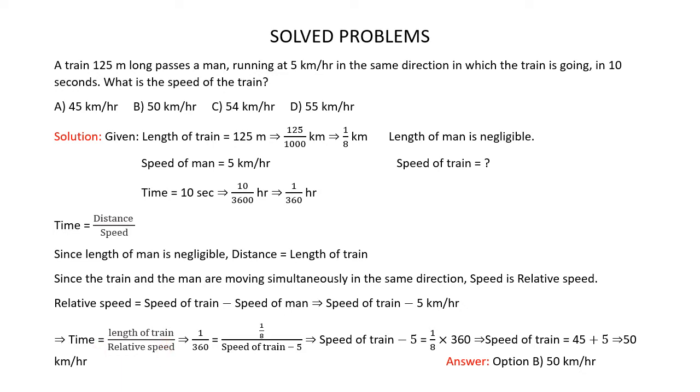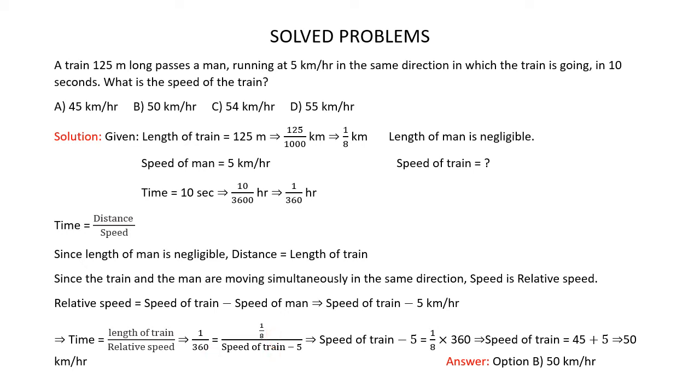It's given that time is 1 by 360 hour, length of the train is 1 by 8 kilometers, and we know that the relative speed is speed of train minus 5 kilometers per hour. Let's substitute all these values in the formula. So now we have 1 by 360 is equal to 1 by 8 divided by speed of train minus 5.